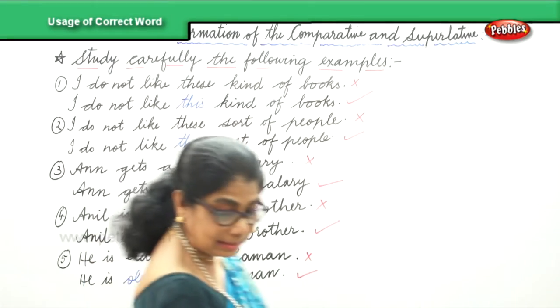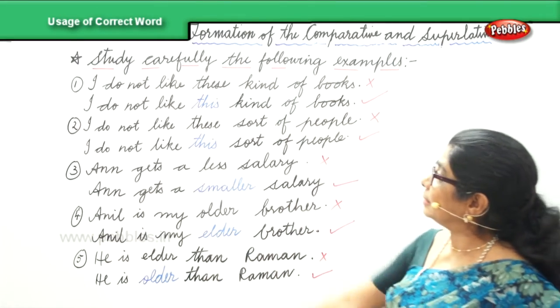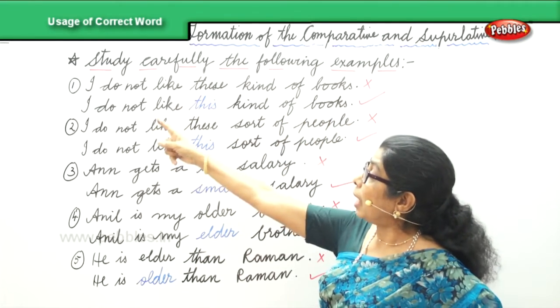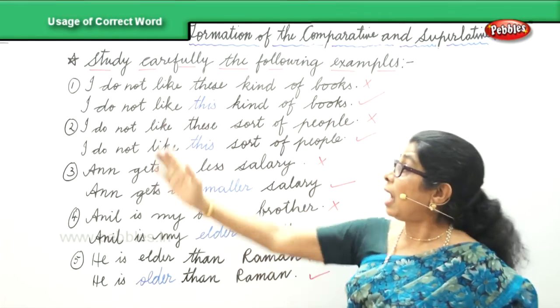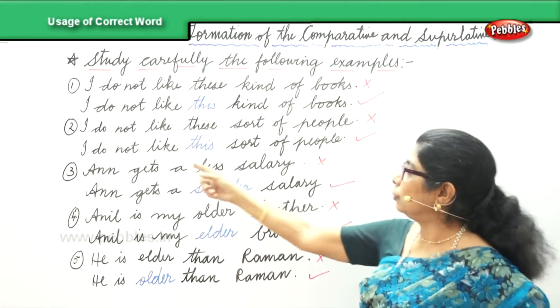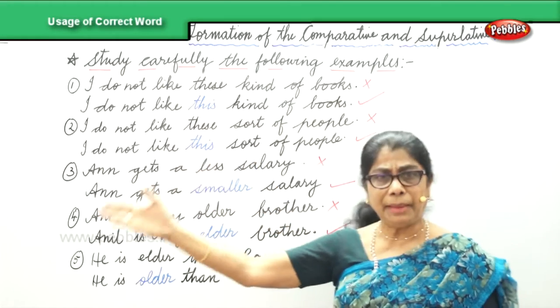So I have 5 sentences here. Let's look at it carefully. Let's read only the correct sentences. Study carefully the following examples. The first is wrong. You should say, I do not like this kind of books. You should say, I do not like this sort of people.